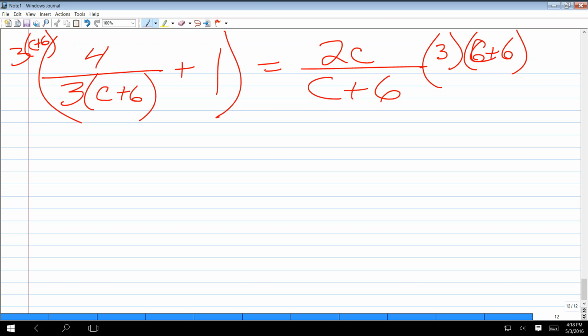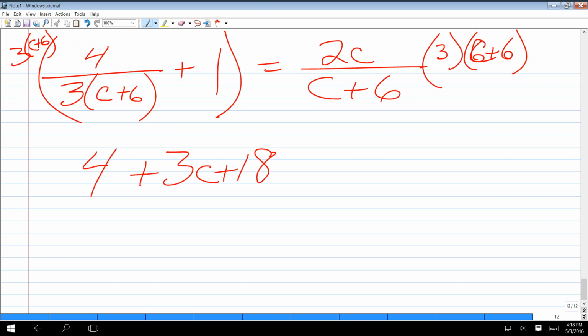No, watch what happens. In other words, I can do anything I want to the left side as long as I do it to the right side. Okay, so all I'm doing is multiplying both sides of the equation by 3 times c plus 6. Well, that cancels with that, leaving 4. This times this is 3c plus 18.